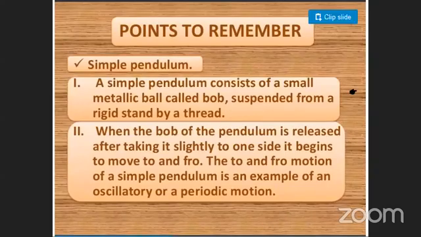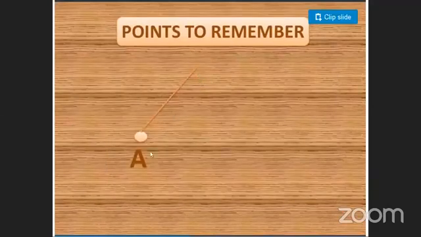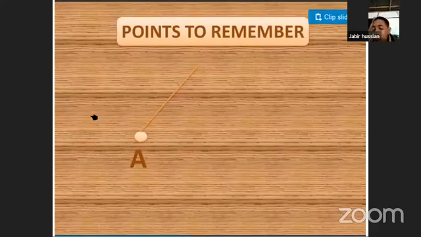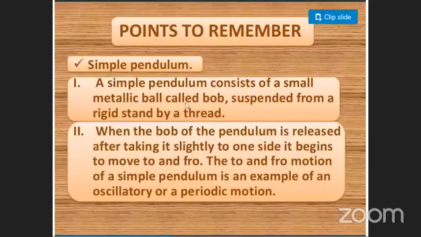Okay, so see the image of the pendulum. Here you can see one stick with one small metallic ball. That ball we can call the bob. A simple pendulum consists of a small metallic ball called the bob.